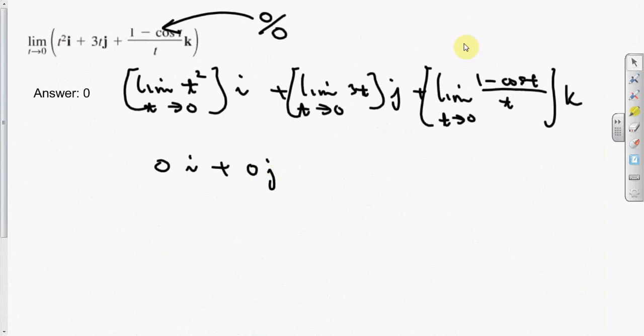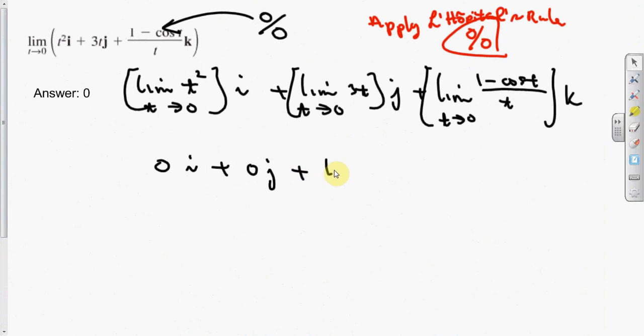Here, since this is 0 divided by 0, we apply L'Hopital's because it's indeterminate. So this gives us plus the limit as t goes to 0.